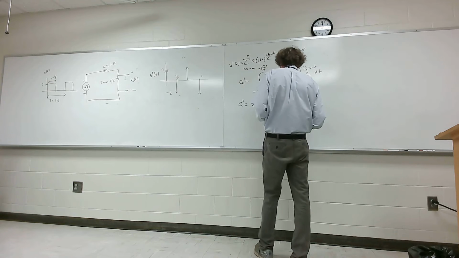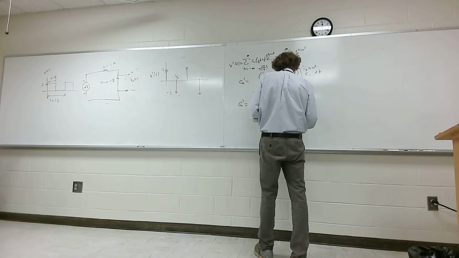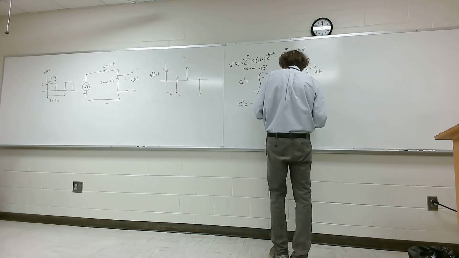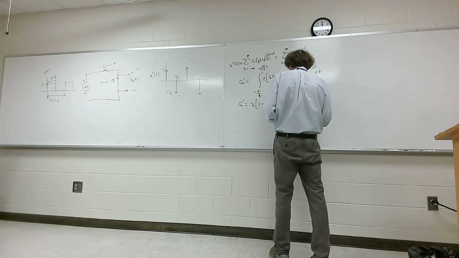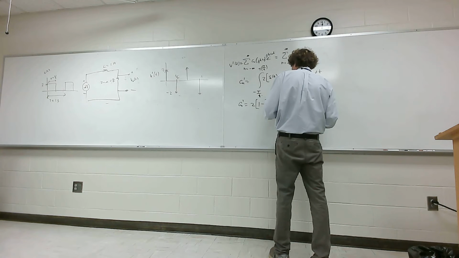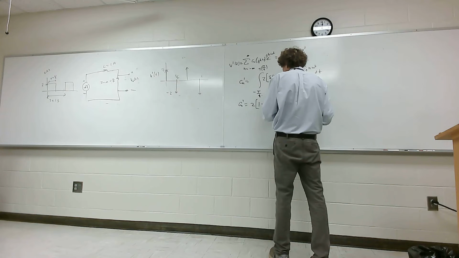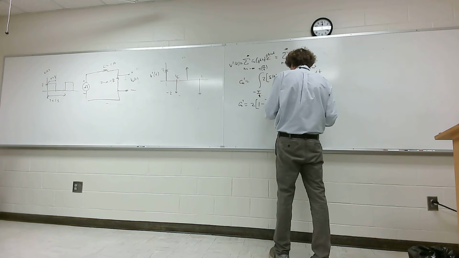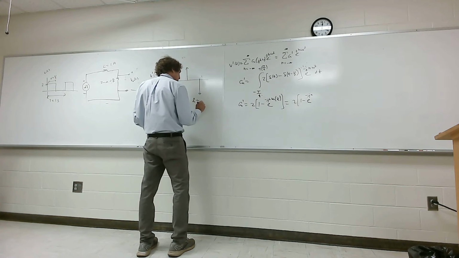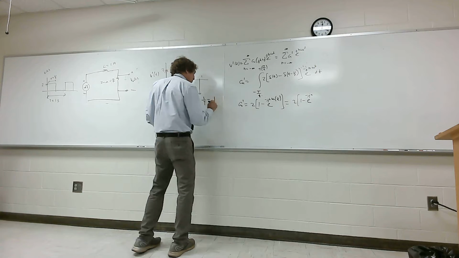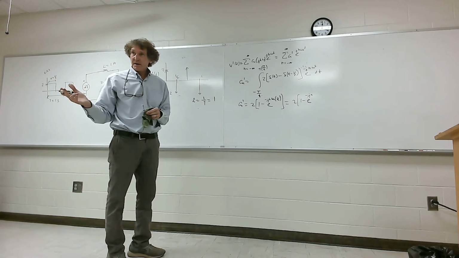Now, if you take one look at that, this is really going to be 2 times 1 minus, and this right here will be e to the minus j n, since omega naught is 2 pi f naught. And if you look at this, f naught is just equal to 1 over the period, and that's 1 as well, isn't it, class?